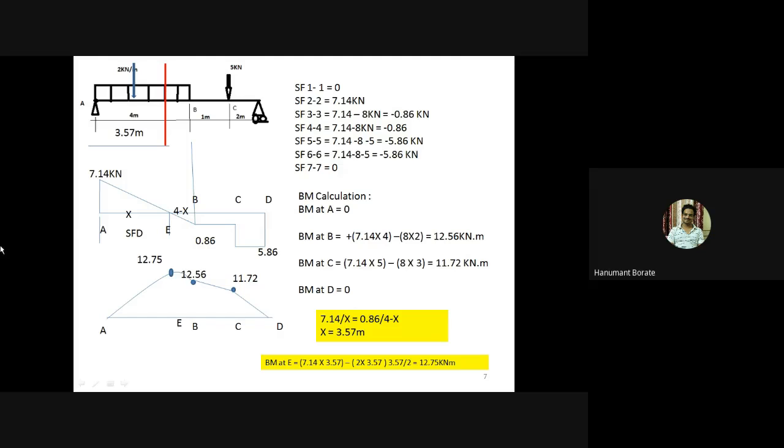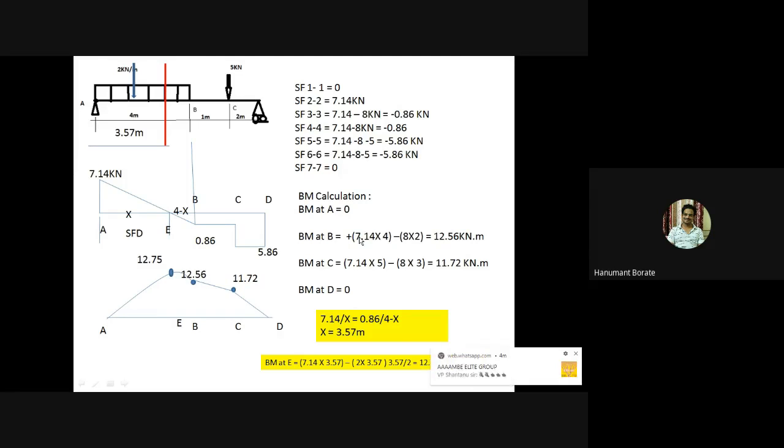Now we'll go for the bending moment diagram. Now for the bending moment diagram, again the base length is equal to the load diagram length or SF length. Now again consider all critical points A, B, C, D. At A point, the value is 0, so I'll put point 0 here.